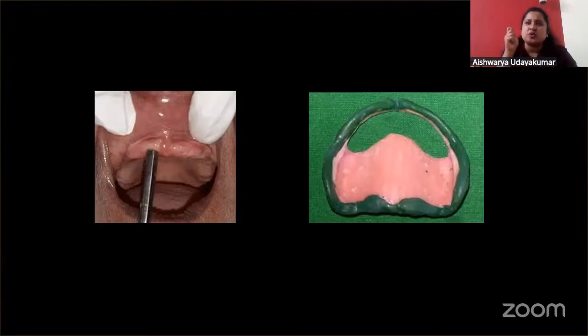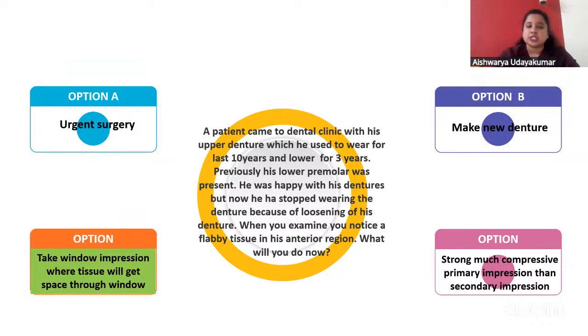When you press your instruments towards it, it just compresses and comes back. In this technique, you cut that region so that it is relieved and then take an impression without compressing it. So what is the answer? Take a window impression. Whenever the question has flabby ridge, search for window impression.